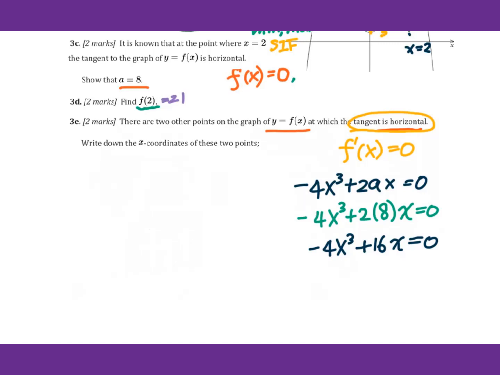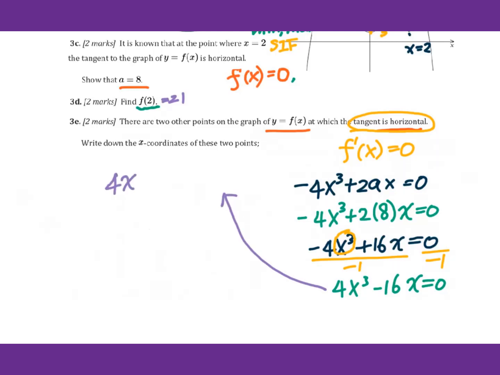Divide by negative 1 on both sides because I don't want the x to the third power coefficient to be negative. So we get 4x third power minus 16x equals 0. Now factor that, you will get 4x times x squared minus 4 equals 0.